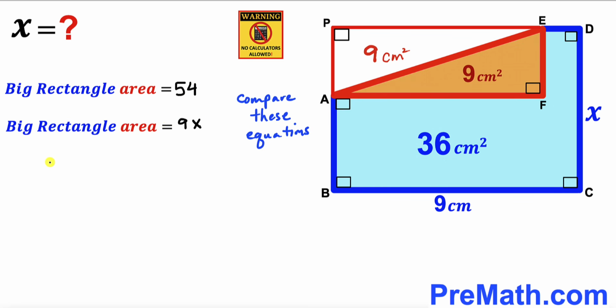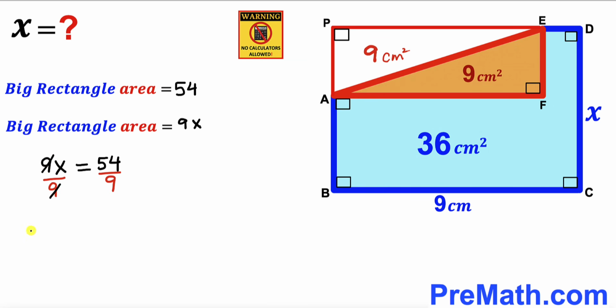We can write 9 times x is equal to 54. Now we are going to divide both sides by 9 to isolate x. Here we can see 9 and 9 are gone. So our x value simply turns out to be equal to 6 centimeters.